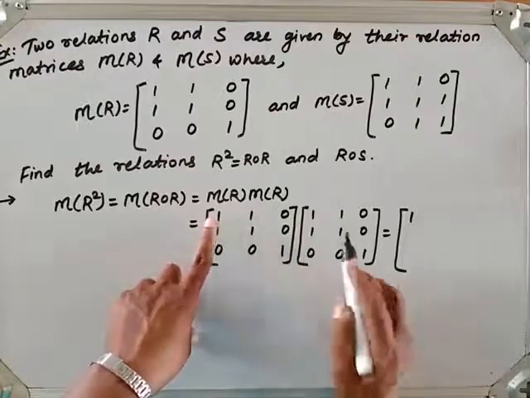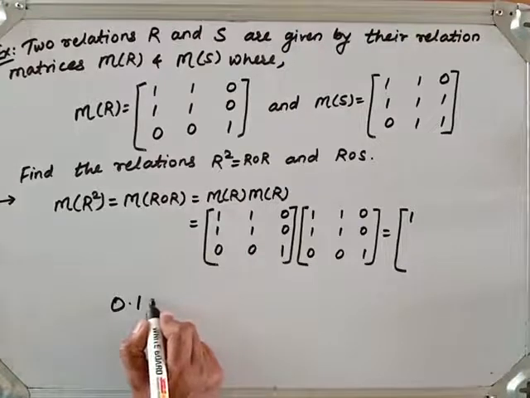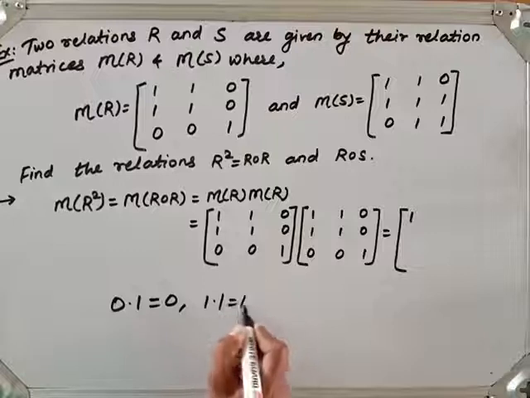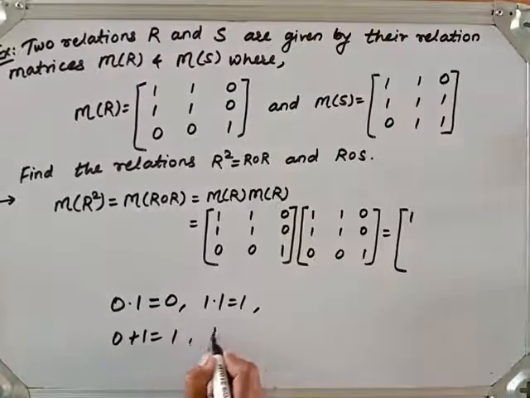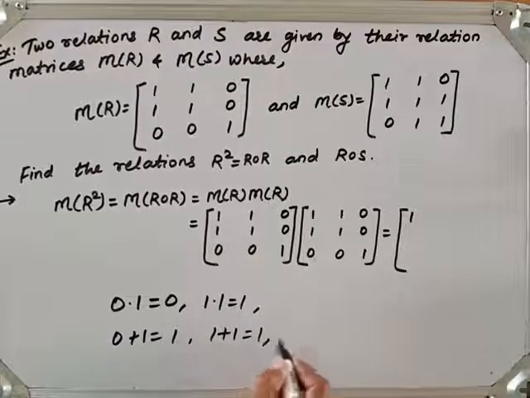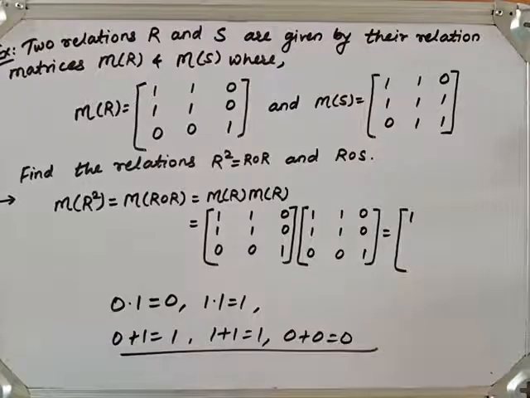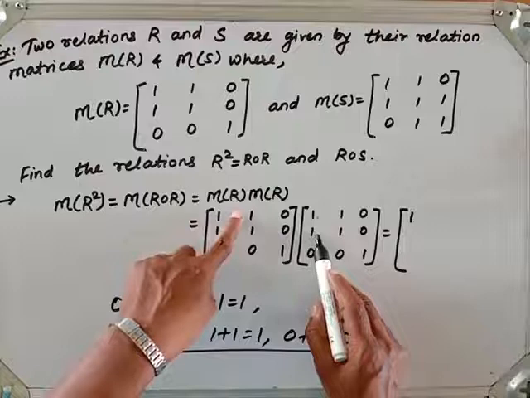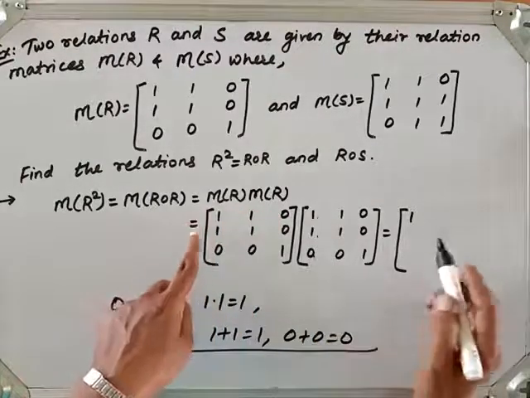We know we have written a note: 0 plus 1 will be 1, 1 plus 1 will be 1, and 0 plus 0 is 0. These notations we have to use here.